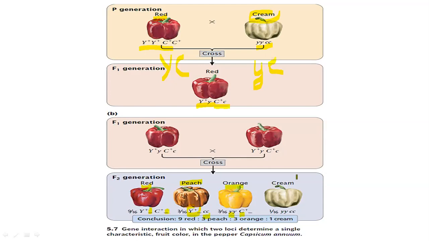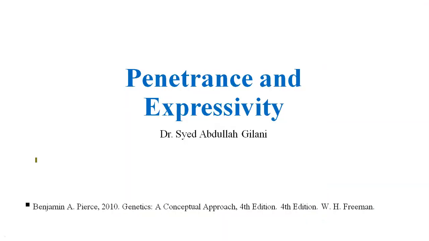And then the cream color was there because it was pure homozygous recessive. Now 2 genes are interacting for the fruit color. So 9:3:3:1 was there, but 2 genes were there. So this is known as gene interaction. Is it clear? Yes, sir.